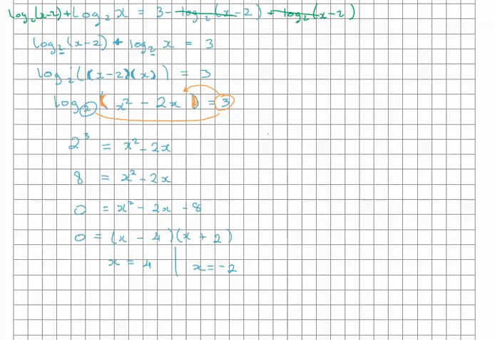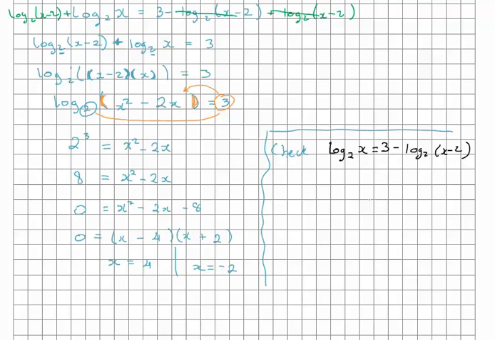Now, like before, we're going to check both of those solutions back up in our original equation. Just remember our original equation looked like this. It was log to the base 2 of x equals 3 minus log to the base 2 of x minus 2. So let's try x equals 4 first.